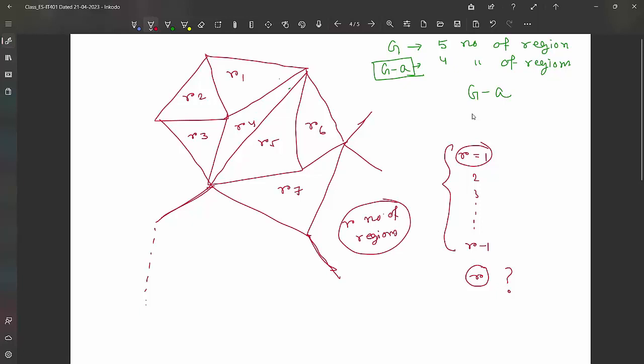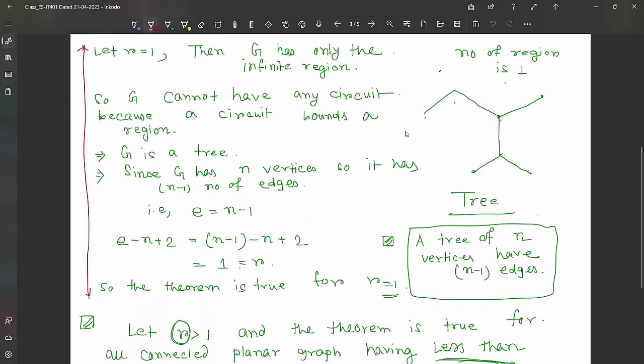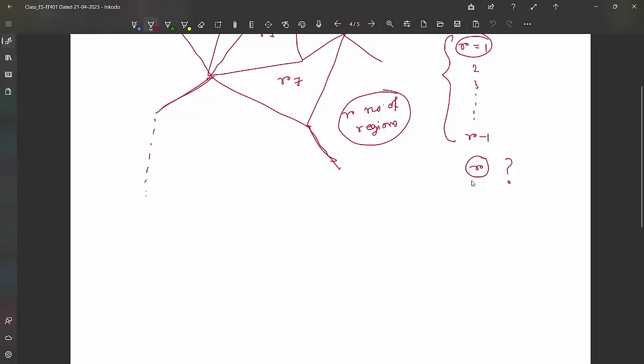Now the question is, suppose we take any cycle. Since R is greater than 1, it is not a tree and it contains at least one cycle. If there is one region, we already saw that this is like a tree, and if there are two regions, then obviously there will be one cycle.